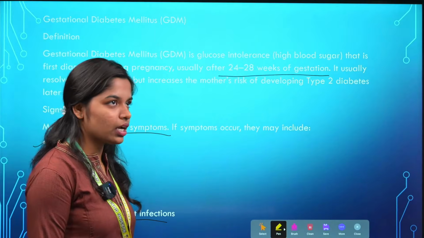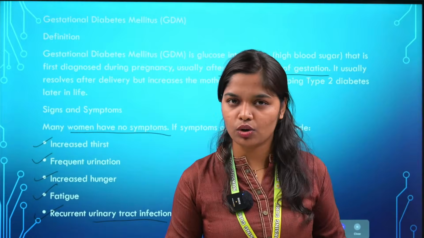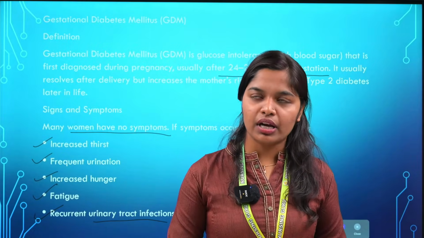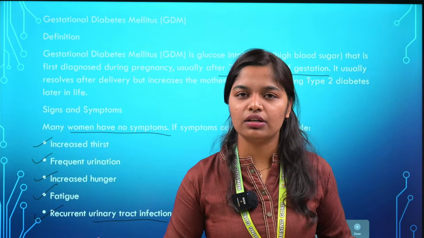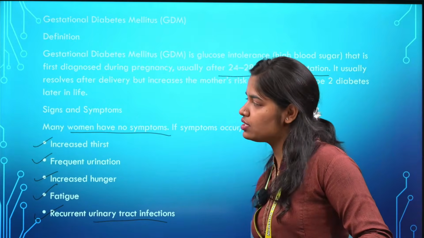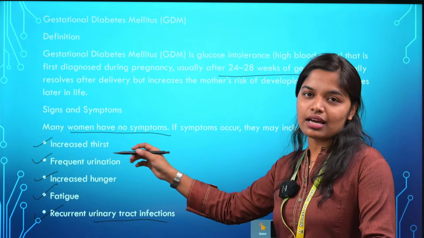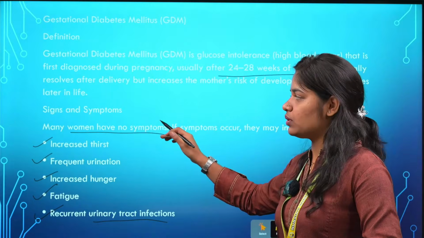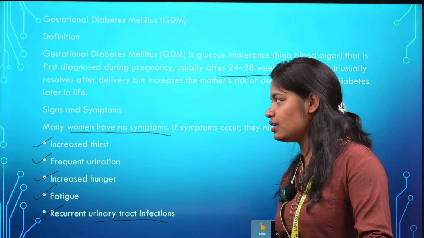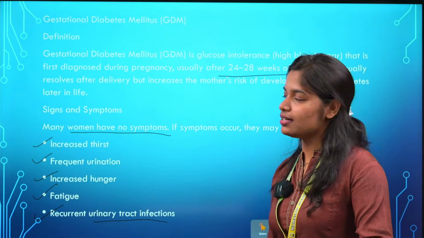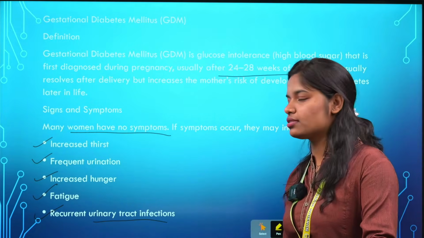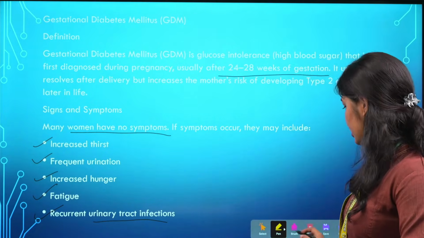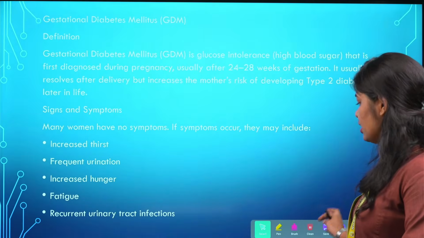It is a condition in which there will be excessive or high blood glucose level at the time of pregnancy. It may occur after 24 to 28 weeks of gestation. Some women will not be having any symptoms. If it is there, it indicates increased thirst, frequent urination, increased hunger, fatigue, and recurrent urinary tract infection.